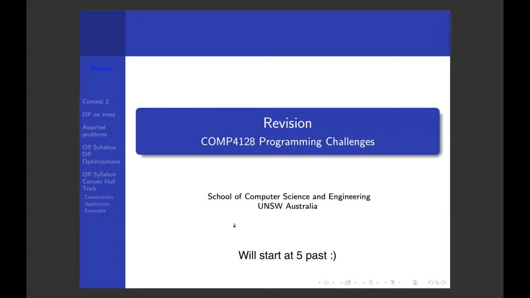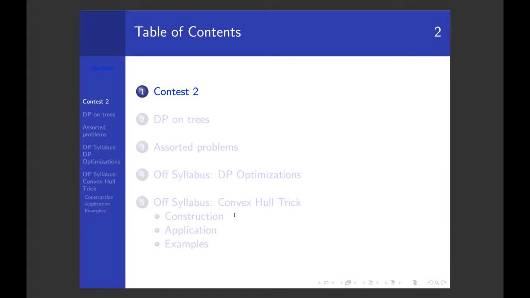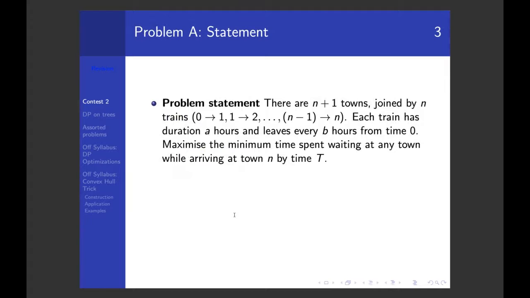I guess we'll get started on the contest 2 problems. We'll just go over them in order, A, B, and then C. So for A, for those of you who don't remember the problem, hopefully you do, it was just over the weekend. There's n+1 towns joined by n trains.